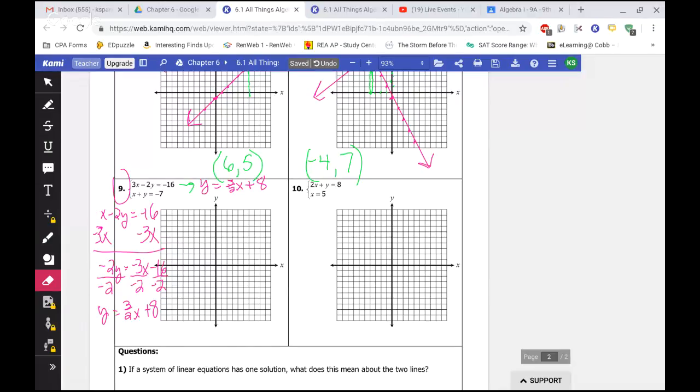The first equation is y equals 3/2 x plus 8.